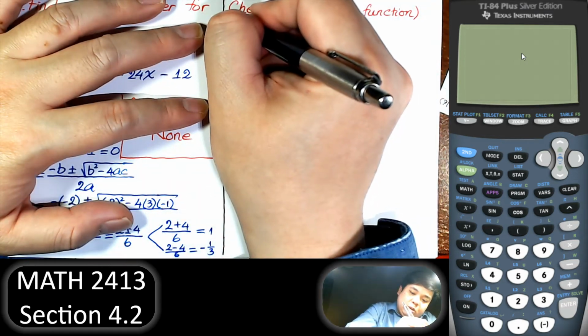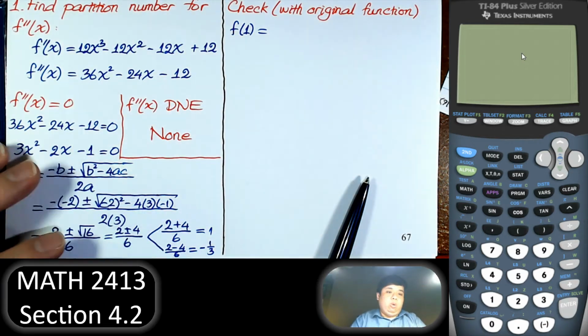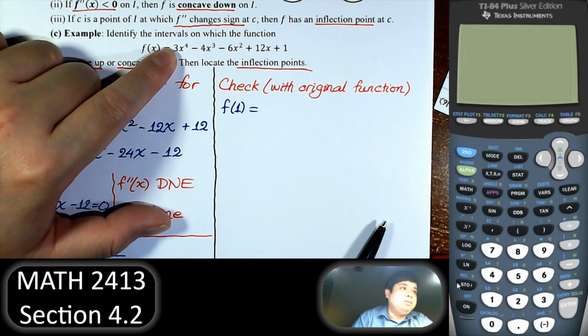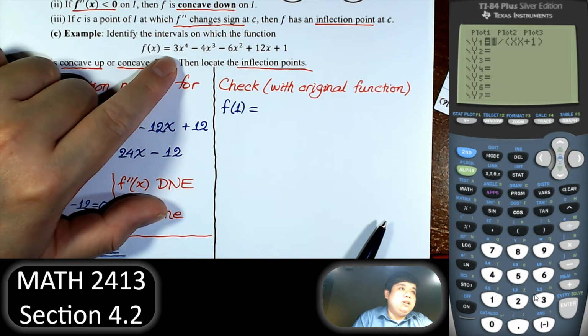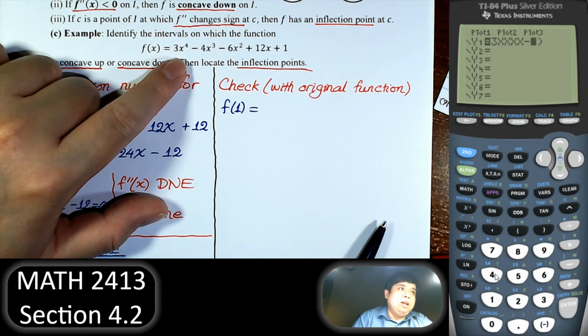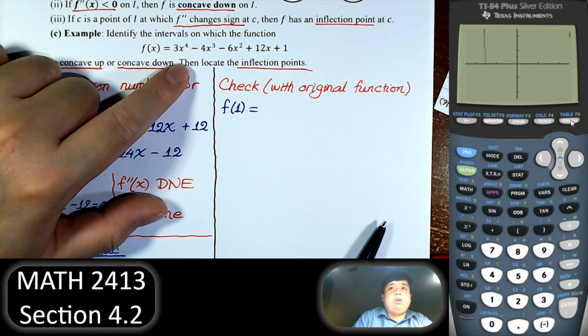So when x equal to 1, f of 1, original function is that. Another way to evaluate a function is enter the function in y equal to, and then if we hit graph, of course we have the graph.